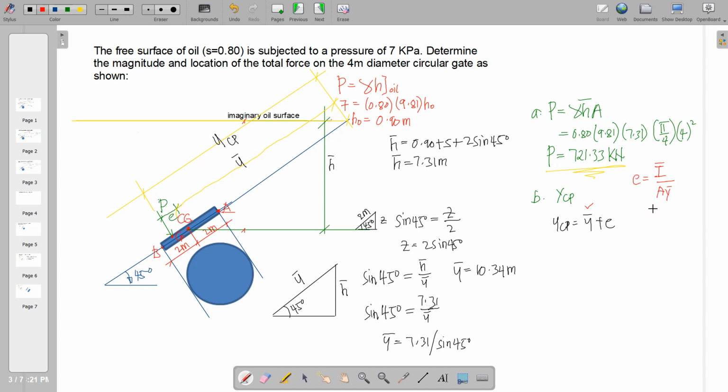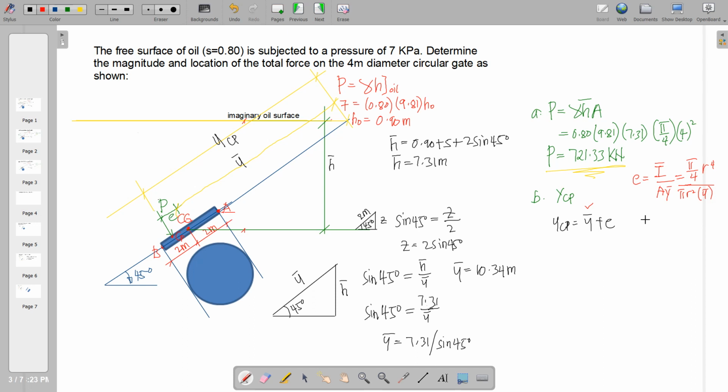Now E is given by the formula I bar all over A Y bar. For circular I bar, we have pi all over 4 times r raised to 4. And the area is pi r squared times Y bar.